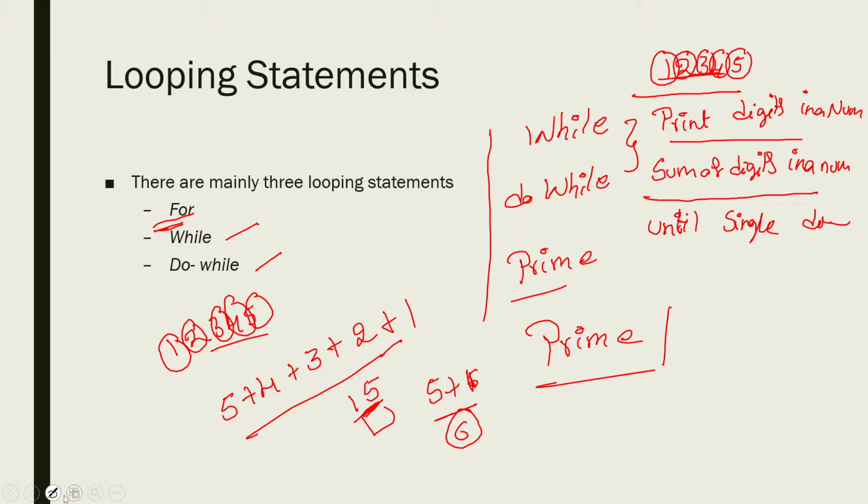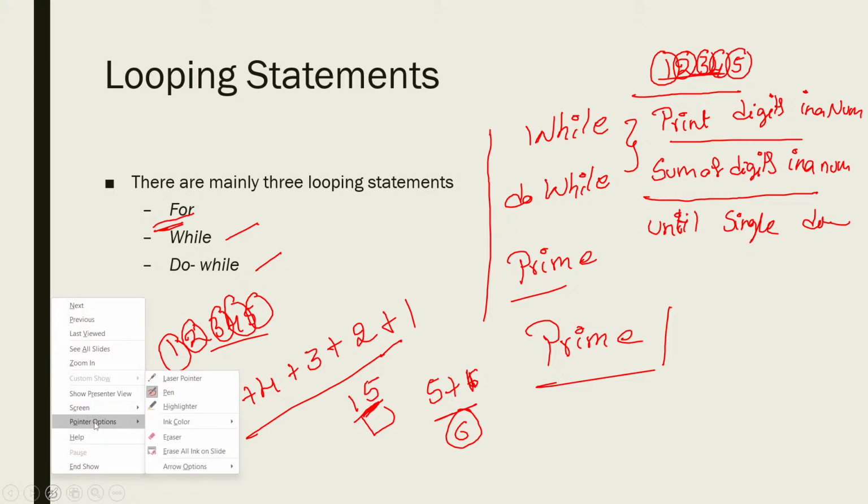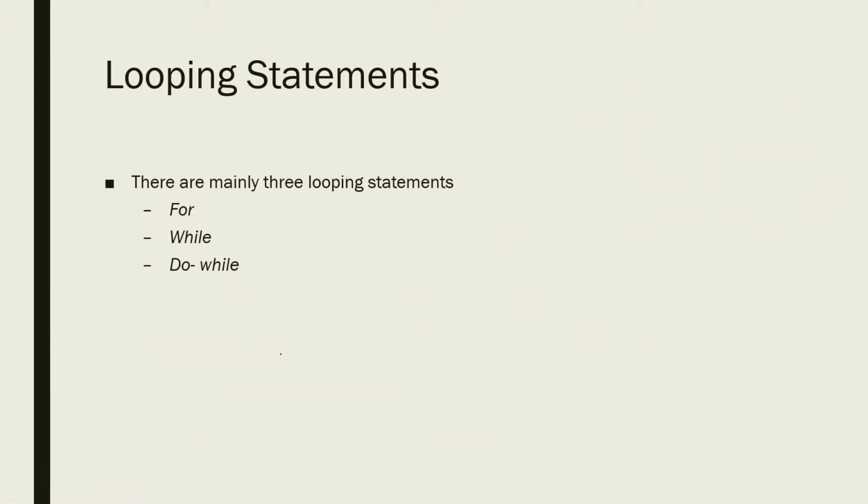Before moving to that, I will explain for loop once again. See here, for loop will work on three statements, guys. It will work on three basic conditions, okay?